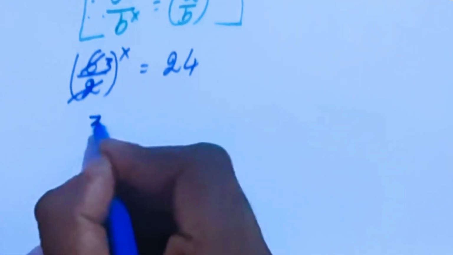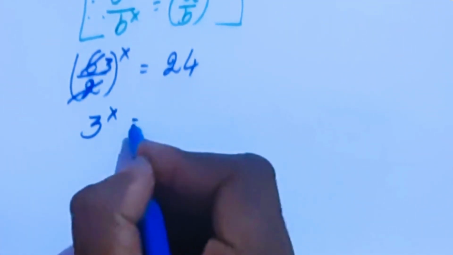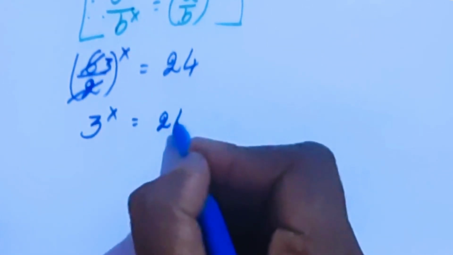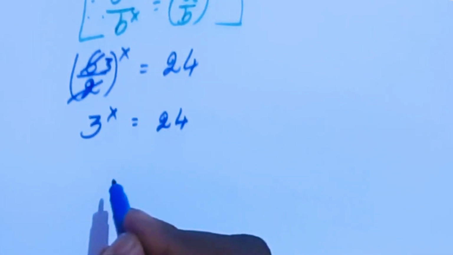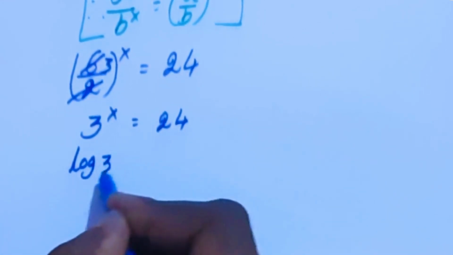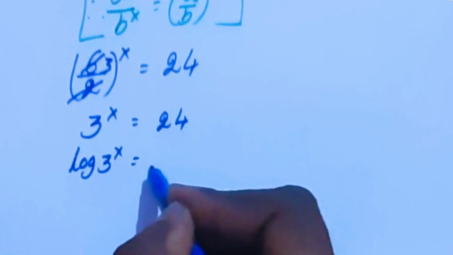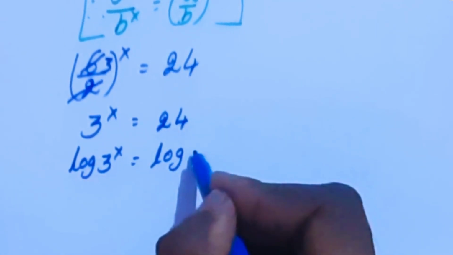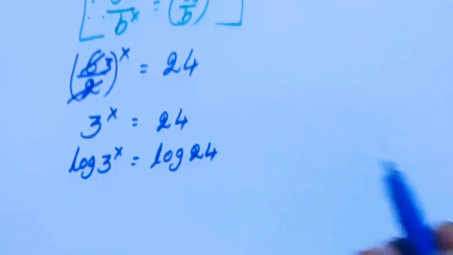So 3^x equal to 24. Now take a log on both sides. So log 3^x equal to log of the right hand side, 24.